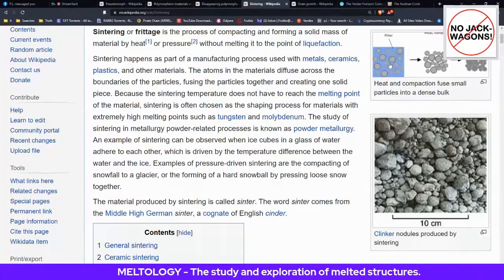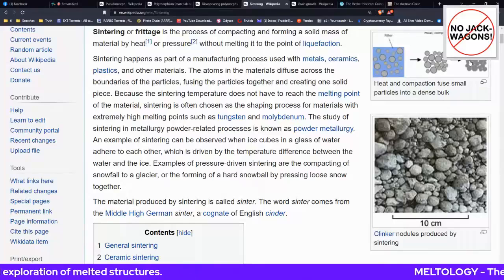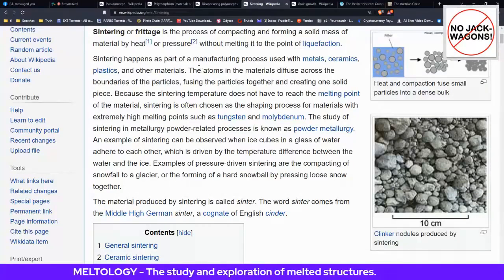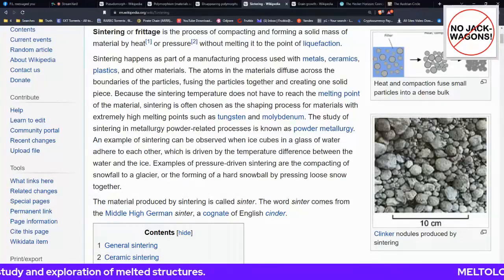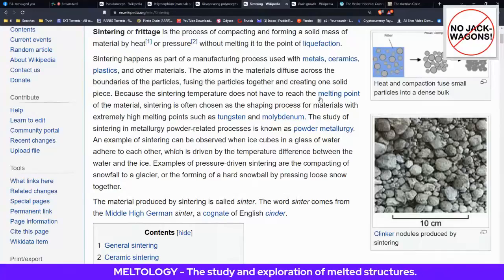This is what it's used for, and from the heat, it becomes infused into a bulk, like we see in all of these castles and everything. Yes, with the huge blocks and the polygonal walls and stuff. Yes, I'll get to that. Sorry, I'm so excited. They talk about the atoms fusing and creating one solid piece, because this is what it is.